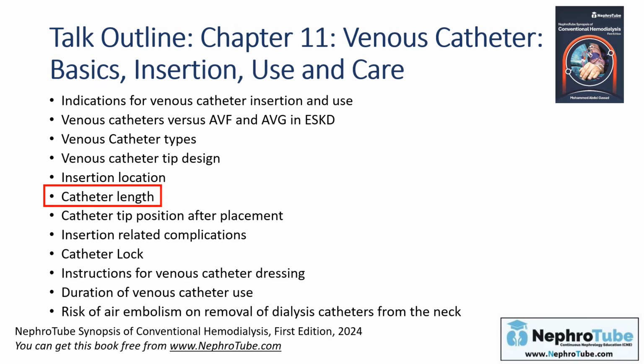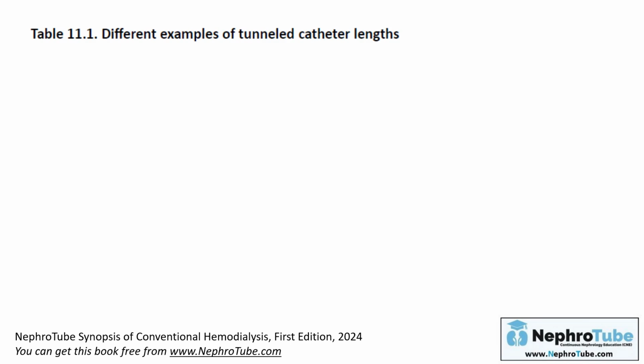Okay, now after we discussed the insertion location, what are the accepted catheter lengths? Catheter lengths differ according to catheter location. For example, let's talk about the accepted lengths for tunneled catheters.